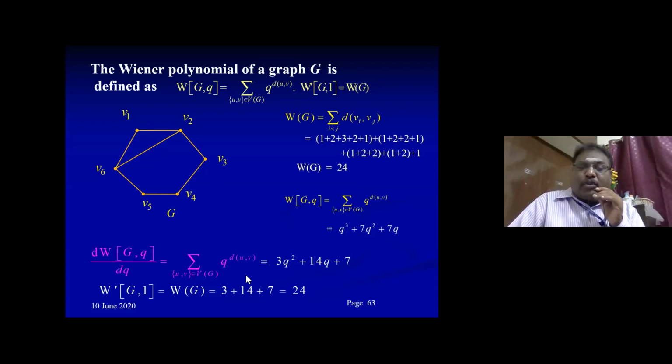And substitute q equal to 1. What happens is 3 plus 14 plus 7, I get 24. This is nothing but my Wiener number. So from the Wiener polynomial, I am able to get the Wiener number. So take the Wiener polynomial, differentiate, substitute q equal to 1, and I get the Wiener number. That is the beautiful idea here.